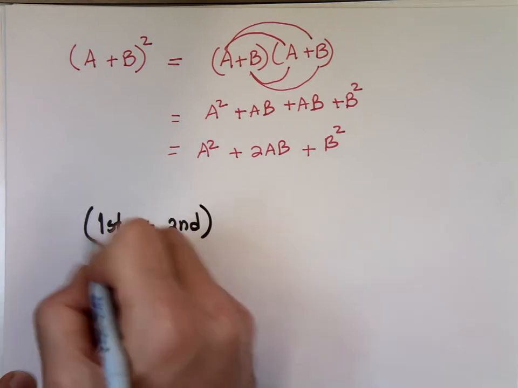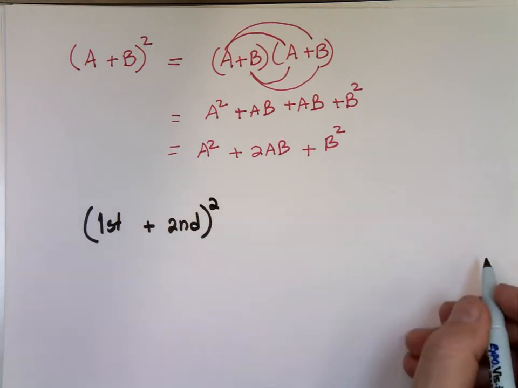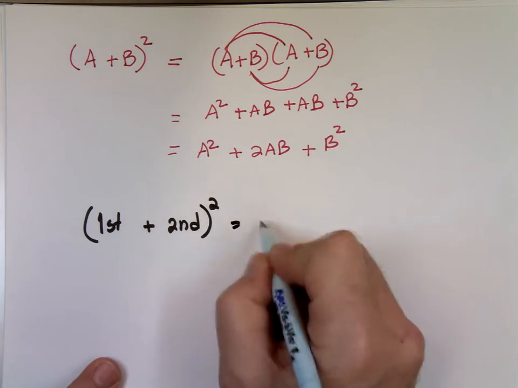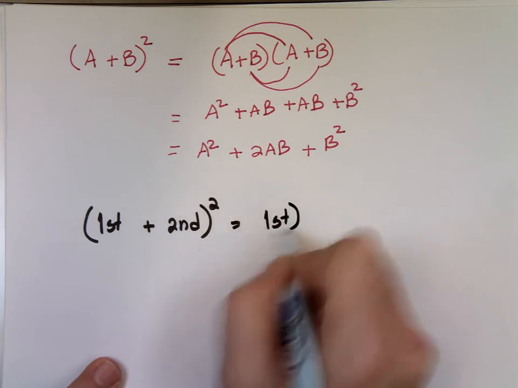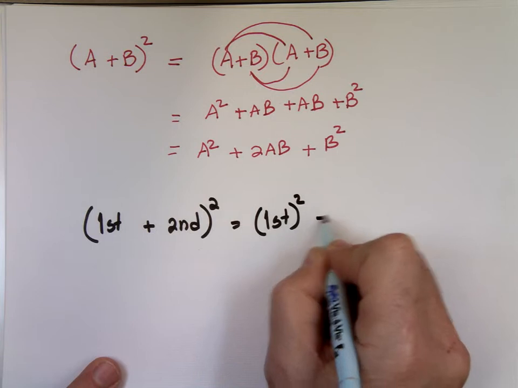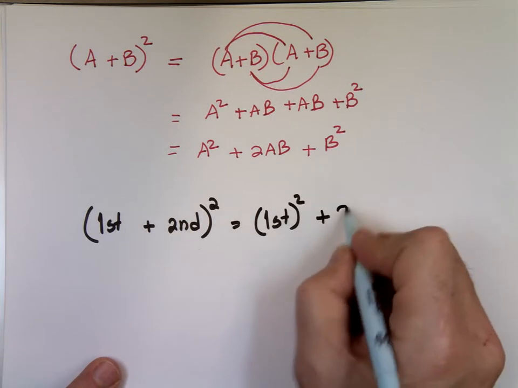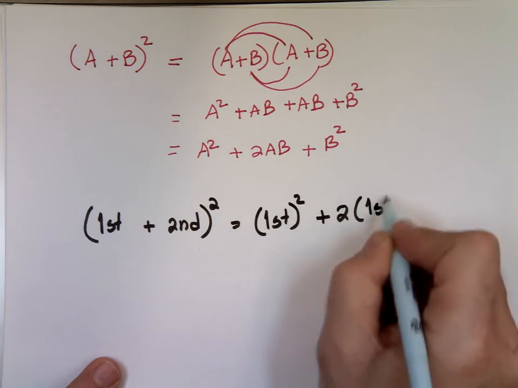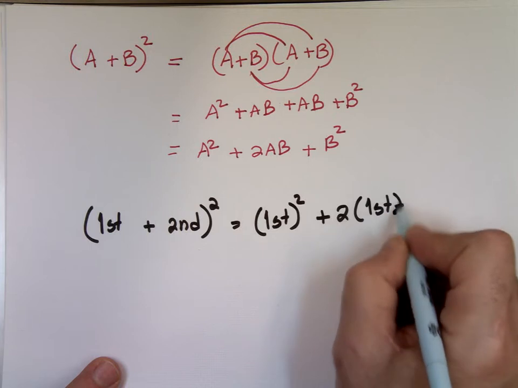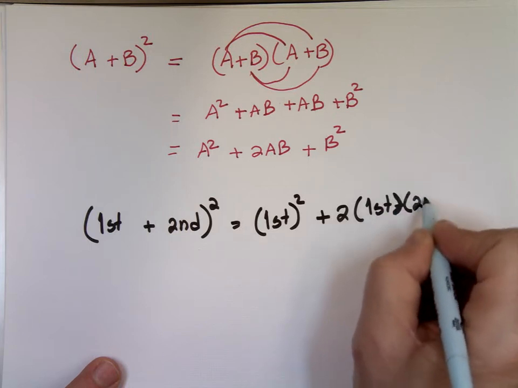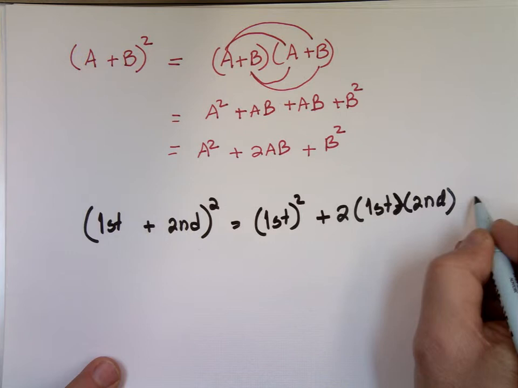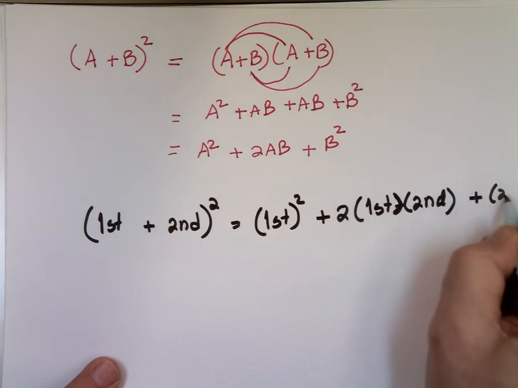This method is only when you have two of them. Take the first term, square it, plus 2 times the first times the second, plus the second one squared. That's the rule we're going to use.